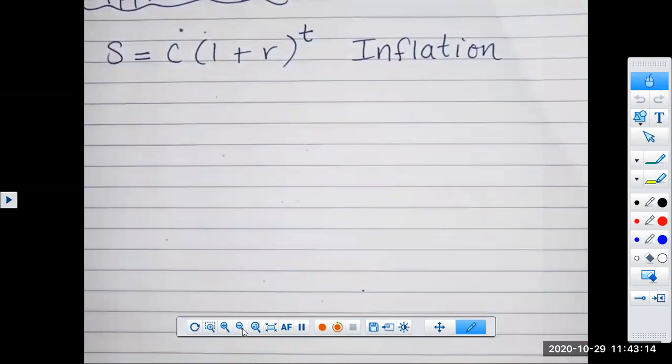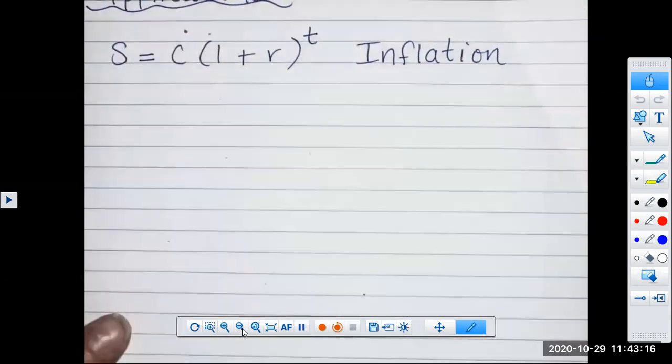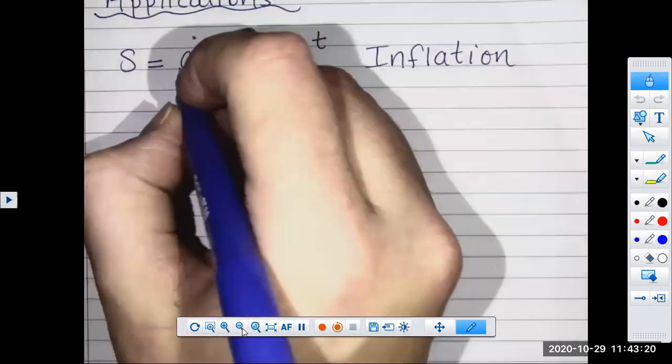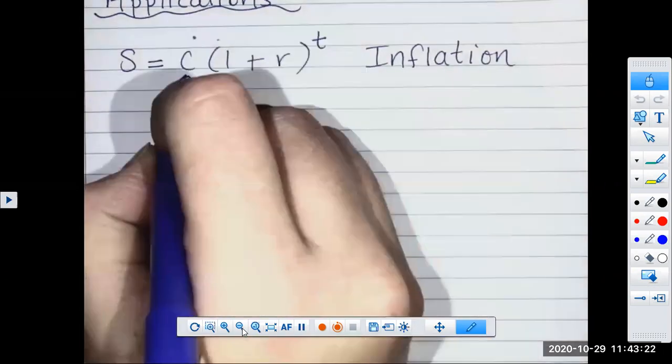Okay, C is the value that something is now, so the current value.